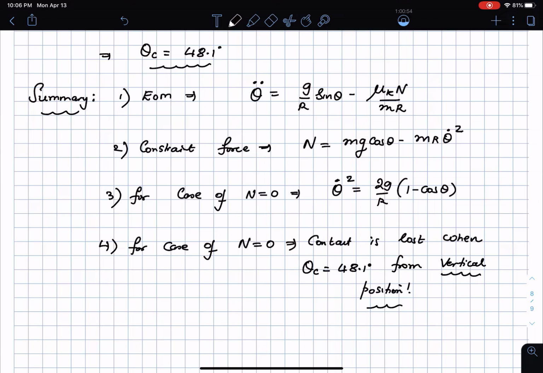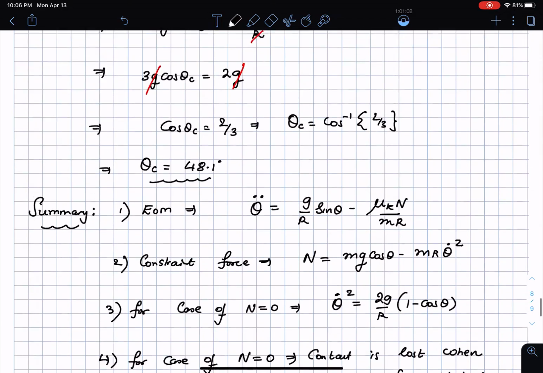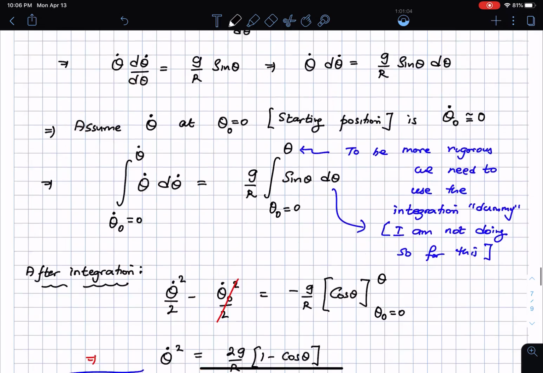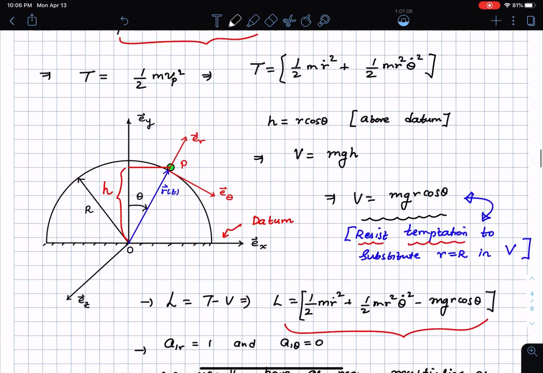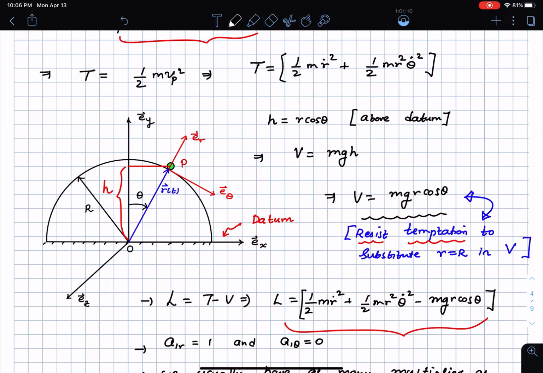All right, so that's the end of this particular problem. Fairly nice problem, a gentle problem. There is no doubt this is not that complicated, in my opinion. But I think it's a good problem that rehashes what we do in the Lagrange multiplier method. We have a particle sitting on a fixed surface. We want to find out what the normal force of constraint is for the particle using configuration coordinates and Lagrange multipliers.